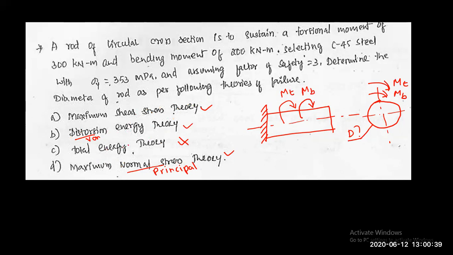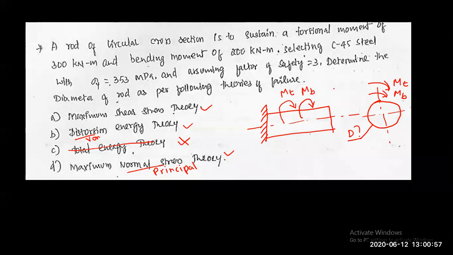You have an equation for total energy, but for the sake of this subject, let's not do it. Let's remove the total energy theory. So we'll do these three: A, B, and D. That is maximum shear stress, distortion energy, and principal stress theory.